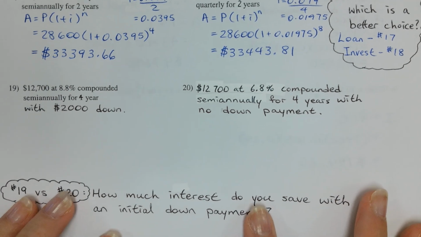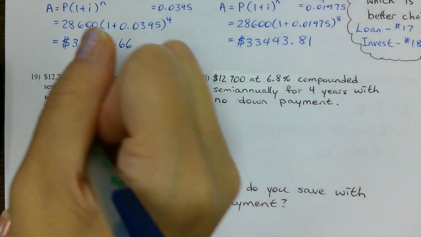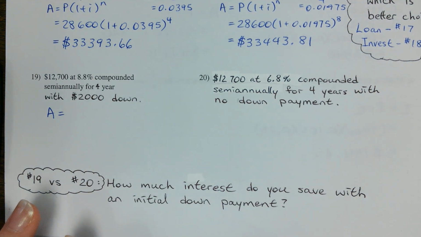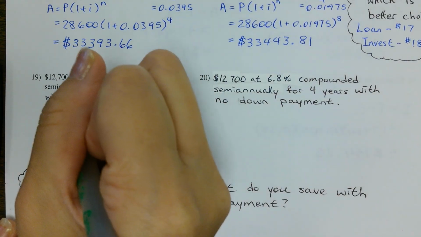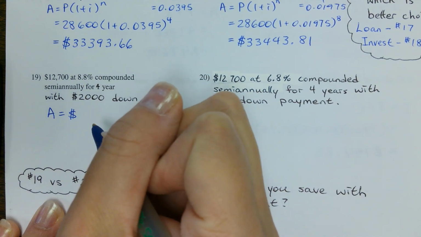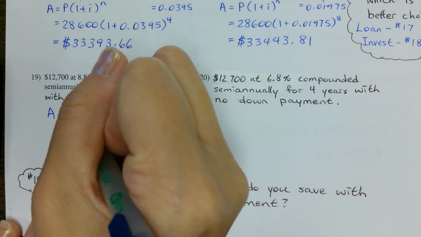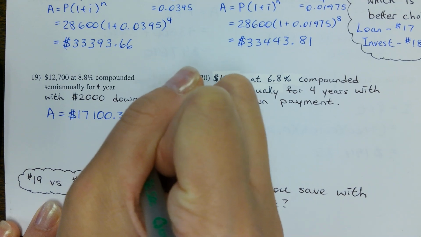Good. Okay, number 19, with a $2,000 down payment, what did you get for the final answer? Okay, let's see. Brianna, what did you get for 19? 138 cents.